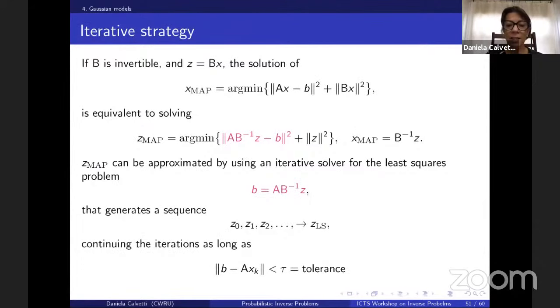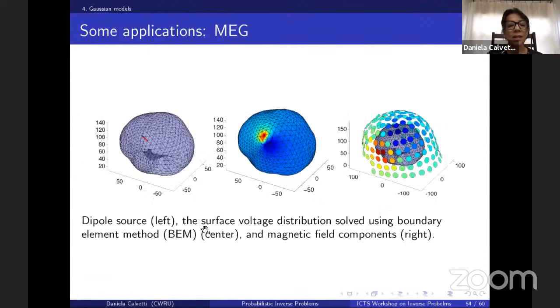I don't want to eat into the next talk. Let me just go ahead and show some application of these hypermodels, priors built as I went through, for a magnetoencephalography problem here. It's a difficult problem because we have very few measurements and a lot of nodes, a lot of possible positions.